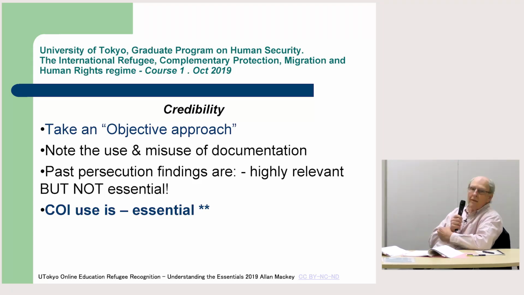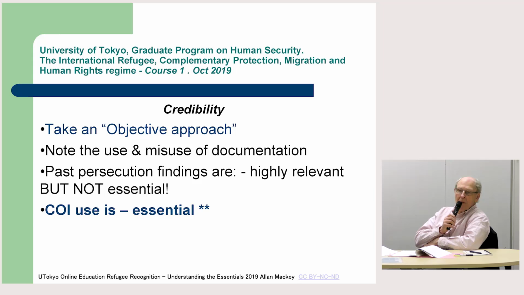Always take an objective approach, checking it against COI, against country information, checking it against good evidence that may have come out, against experts' evidence that might be in cases, for example, that they have in the UK called country guidance cases, which are not binding, but may give you a very good overview of what's going on in that country when a sample case has been taken and lots and lots of evidence given, and so you get the situation where a sort of profile of risk comes together in those cases.